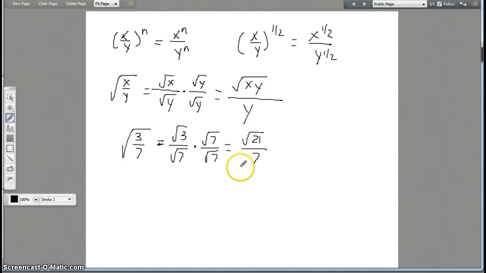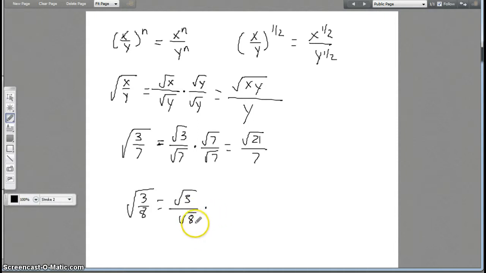Now, just to show you something else that you could end up with, you could end up with something like the square root of 3/8, which is the same as square root 3 over square root 8. You don't have to multiply by square root 8 to get rid of this square root 8 in your denominator.